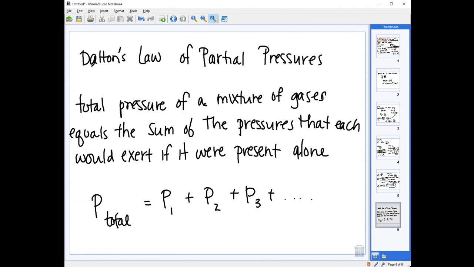So our R and our V and our T become moot, essentially, so that we can add up our pressures. Okay.